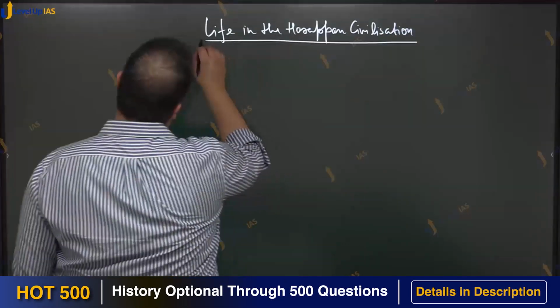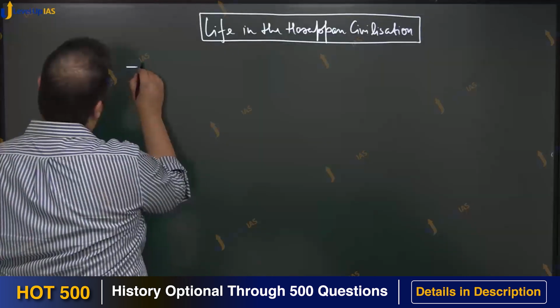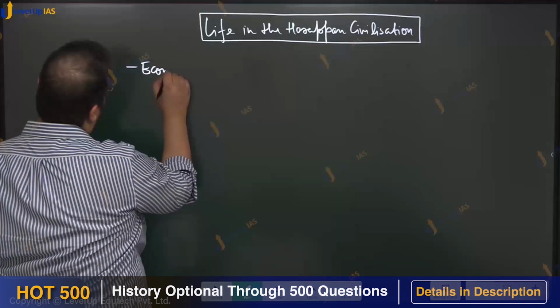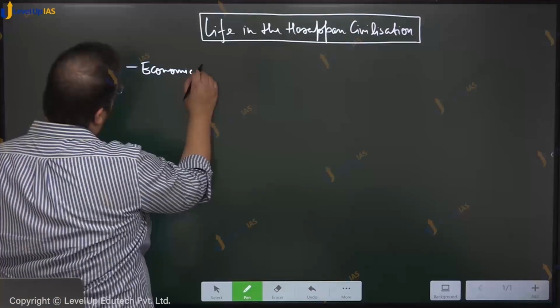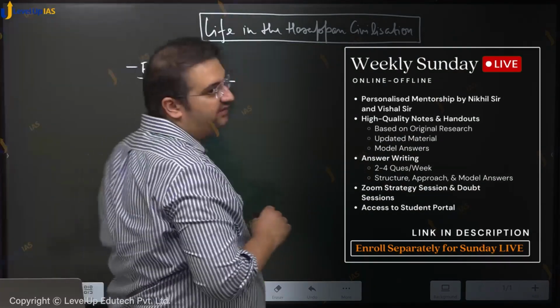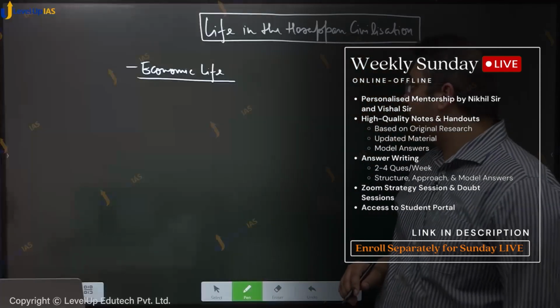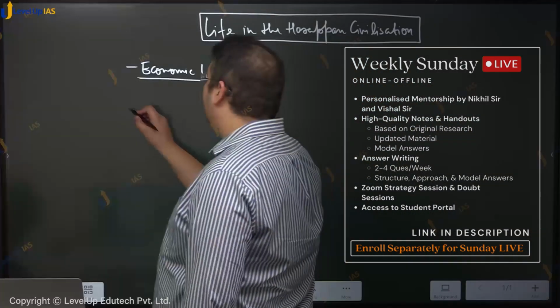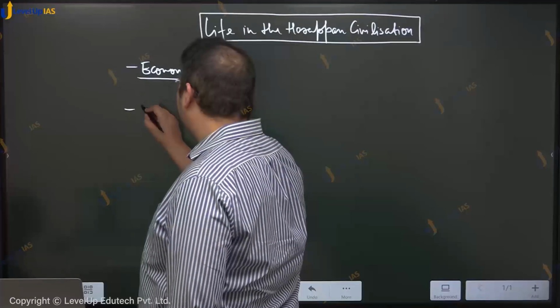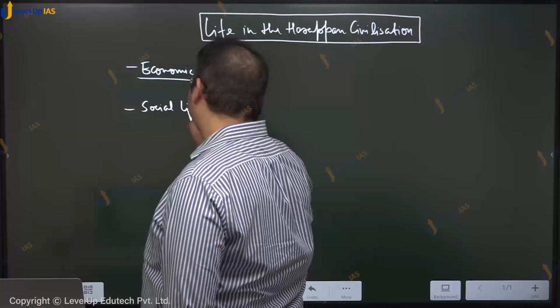And we had already talked about their economic life. We had noted the important developments with regards to agriculture, trade, commerce, craft production, etc. Now let us talk about their social life.